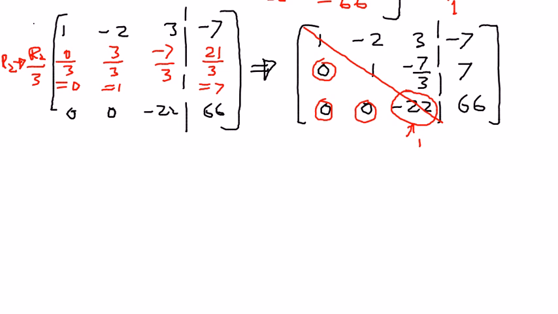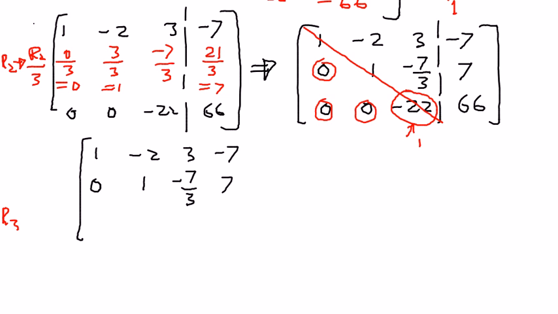To achieve that, we're going to do the following row operations: 1, negative 2, 3, negative 7. That is the first row, no change in there. The second row also comes down as is: 0, 1, negative 7 over 3, 7. And in the third row, we're going to do the following operation.